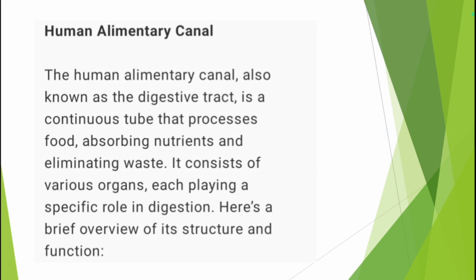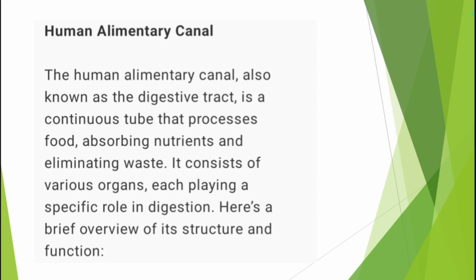The human alimentary canal. Before we read about these processes, we need to know about the human alimentary canal. Now, what is the human alimentary canal? The process of nutrition we are performing, but to perform this process, some organs are needed. Okay, so these organs combine to form the human alimentary canal.